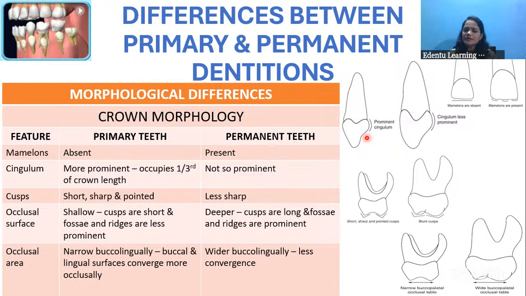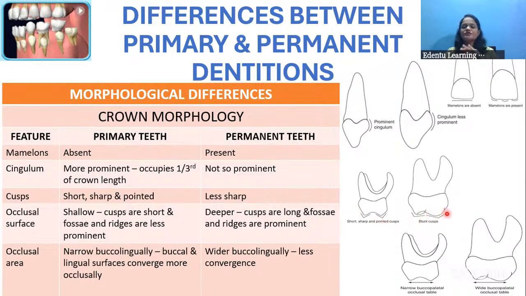Now let's look at the cusps in the posterior teeth. The cusps will be usually short, sharp, and pointed. Remember the 3 names: short, sharp, and pointed. Whereas in the permanent teeth, blunt cusps will be seen.